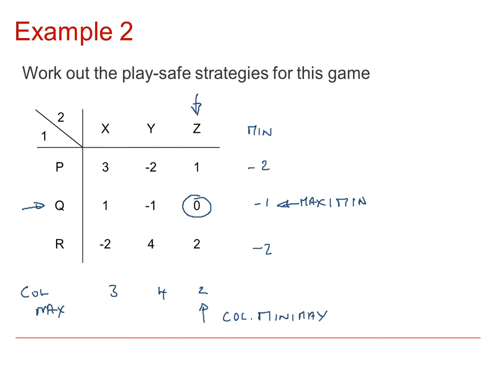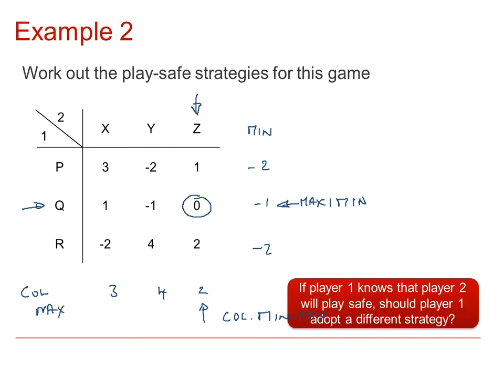So let's go through that. What happens if player 1 knows that player 2 will play safe? So player 1 is looking at it and saying, I'm going to play Q, and if player 2 plays Z, we both gain 0. But player 1 thinks, if I switch to R, I could gain 2. So it might be better for me to switch. Player 2 is looking at the same thing and saying, I'm playing Z at the moment and getting 0, but if I was to switch to Y, I would gain 1 instead of losing.